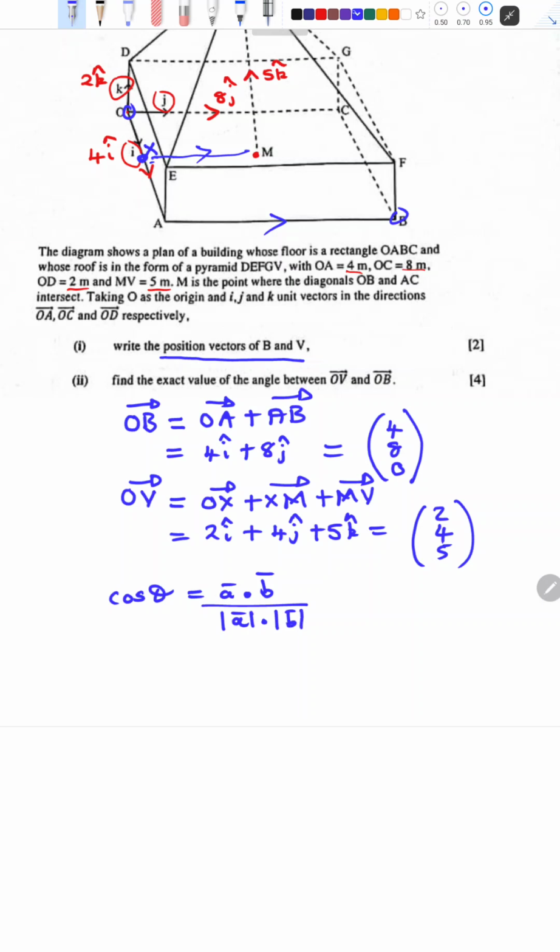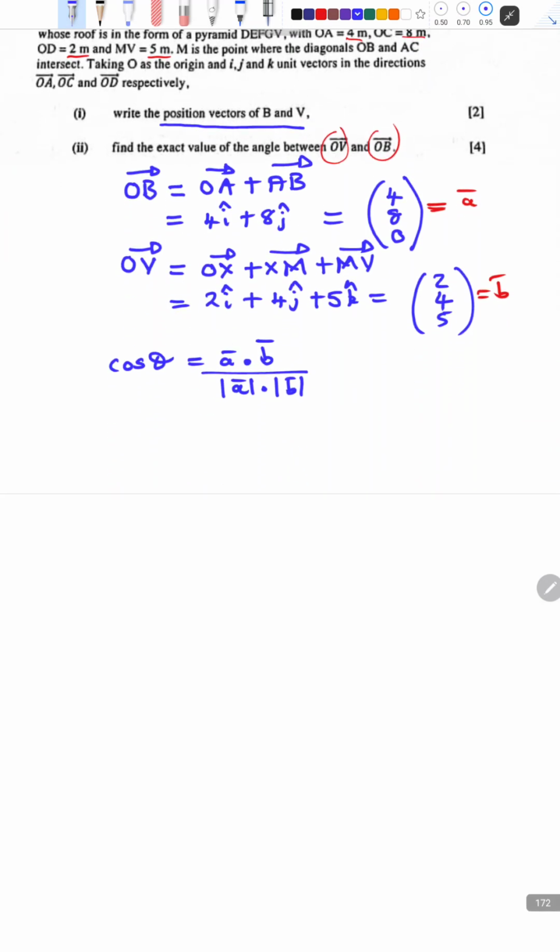So vector A here is being denoted by OB. Then let OV denote vector B. So I'm going to use the position vectors as they are. There's no need for a sketch since the examiner has specified that the angle is between OV and OB. So I'm going to substitute the given vectors in the formula.